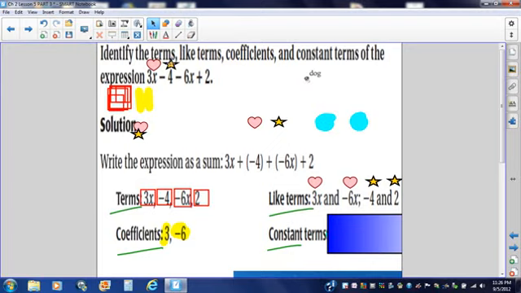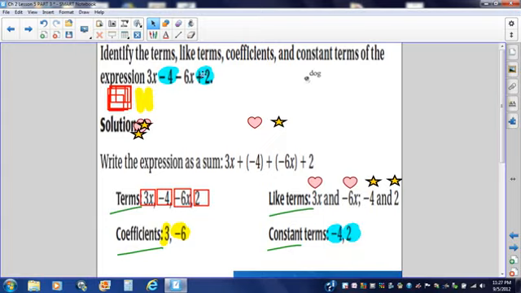And last but not least, we want to identify our constant. What numbers up here are constantly alone? Negative 4 is constantly alone. He can never find a dog or a variable to hang out with. Positive 2, or just 2, is the same thing because positive is in disguise.